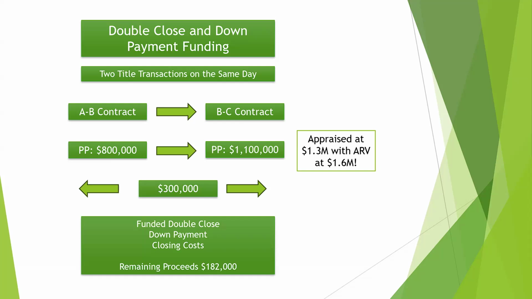So how do you come up with the A to B money? Do you have to pull $800,000 from your bank account to pay for it? No, you use a transactional funder, and for a small fee, you have them place their funds, which are on standby and ready to go for the closing day, to cover that transactional funding. Well, he also had a down payment because he did have a loan.